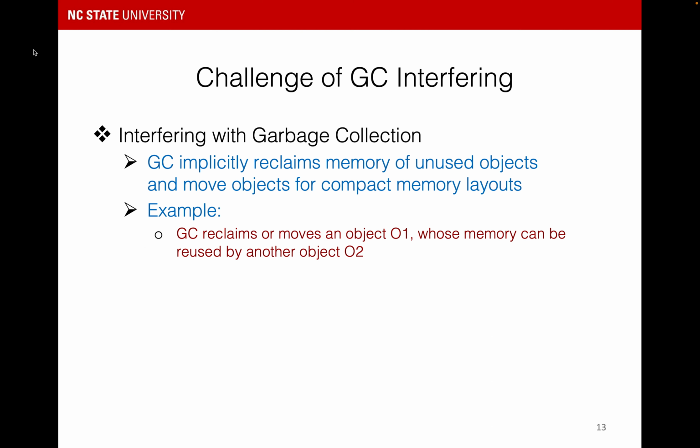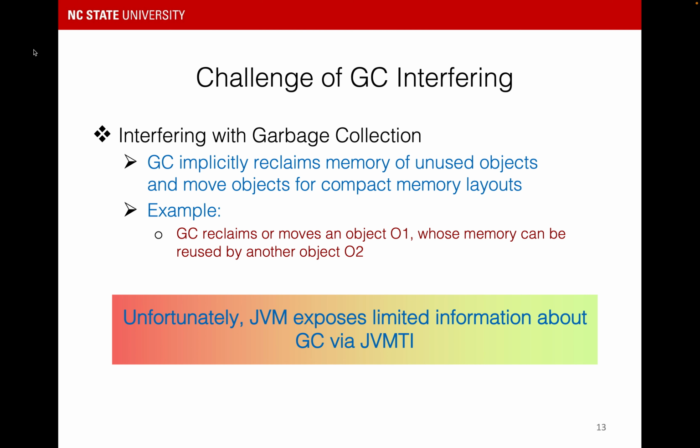Unfortunately, the JVM exposes limited information about GC via JVM-TI, because JVM-TI only provides hooks to register callbacks on GC start and end, with no insight into individual object behavior. For example, JVM-TI cannot tell which object has been moved or reclaimed. So in our paper, we offer solutions to handle the GC interference in the JVM.